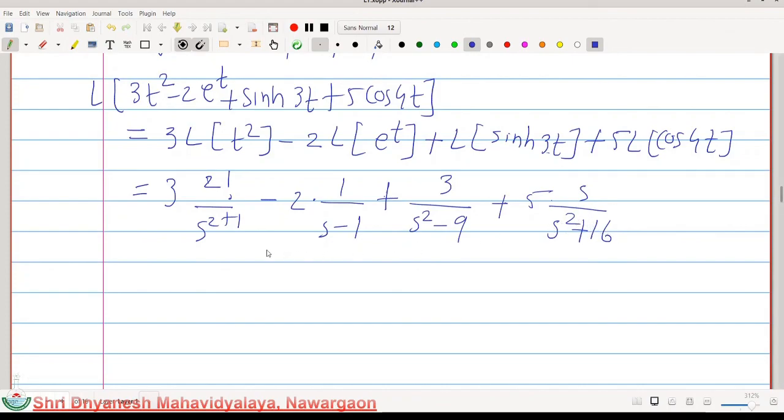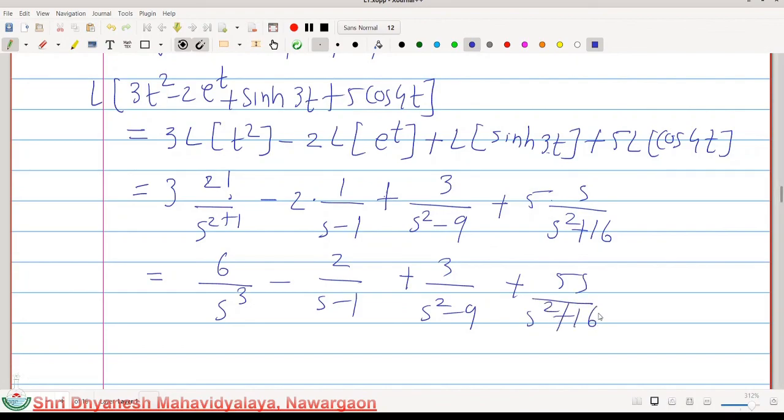So 2 factorial is 2, 2 3s are 6, upon s cube, minus 2 upon s minus 1, plus 3 upon s square minus 9, plus 5s upon s square plus 16.